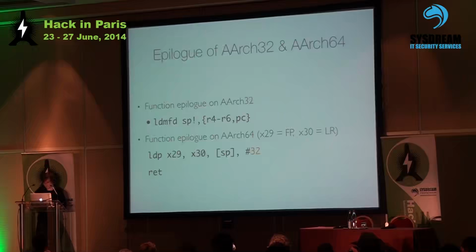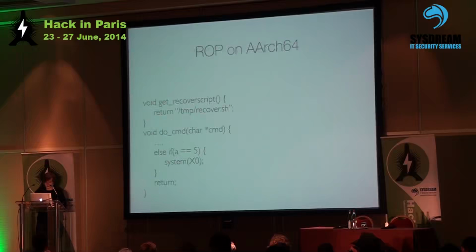So this is a very, very strongly simplified version of code from a specific bootloader which already runs on ARM64. It basically gave you the chance to supply a recovery script that's booted on the first boot, but you had to have some authentication to actually run the do command function and so on.